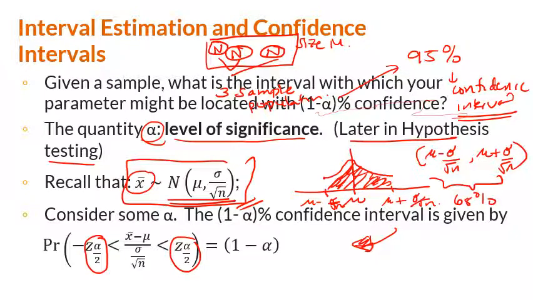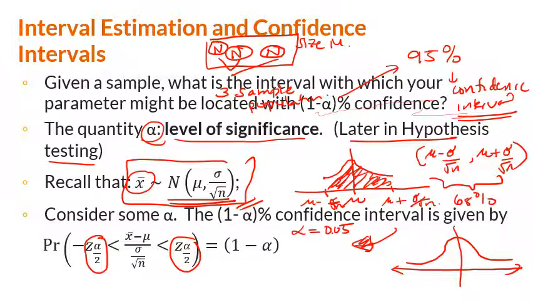Yung dinidiscuss natin. Take note that your z distribution or your z-score is symmetric with respect to your origin. So kung ang confidence interval natin ay 95%, ang level of significance natin alpha is 5% or 0.05.